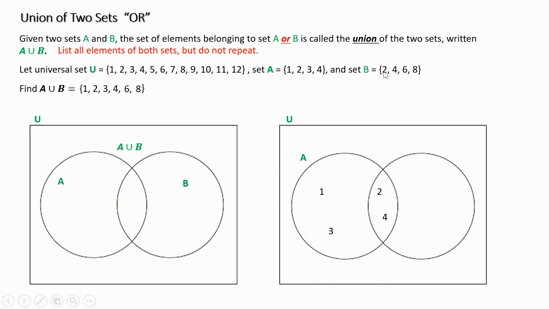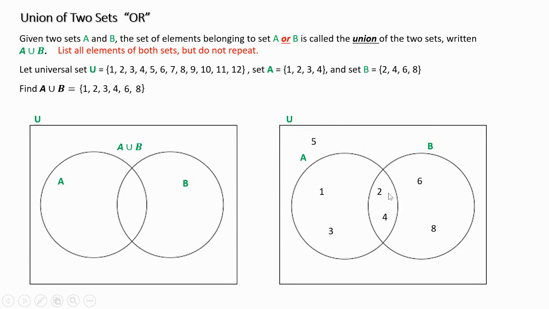Now, set B. The 2 is already there, so we put the 6 and the 8. So this is the representation of A union B, but now we have to put the elements that are not in sets A and B. The 5 is not in here, so we put it out there.